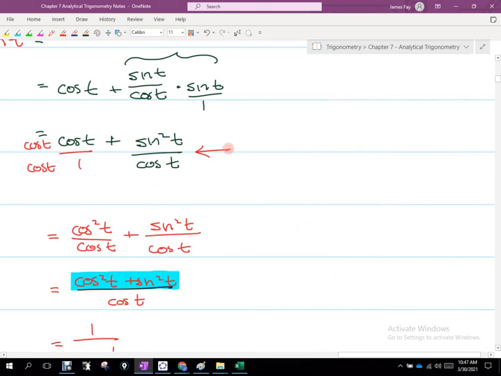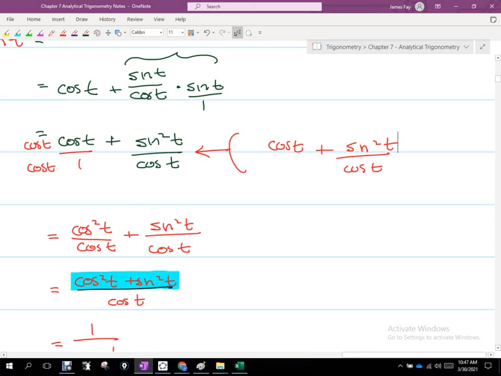You remember geometric proofs and steps, ordering of steps required an understanding of dependence and independence. Same thing happens here. So I could rewrite, so this was cosine t plus sine squared t over cosine t.